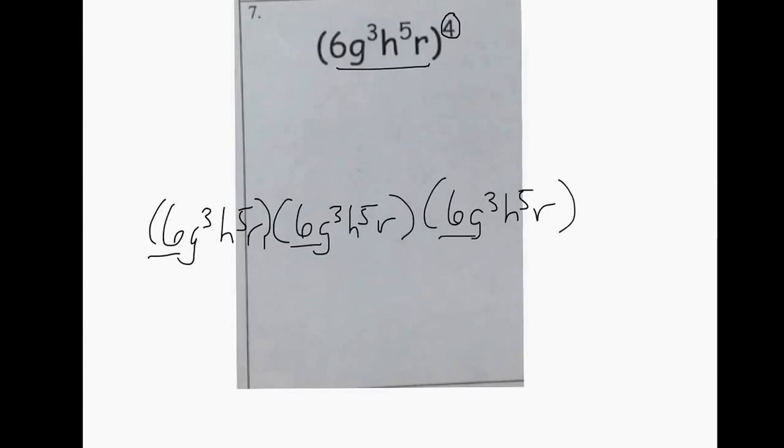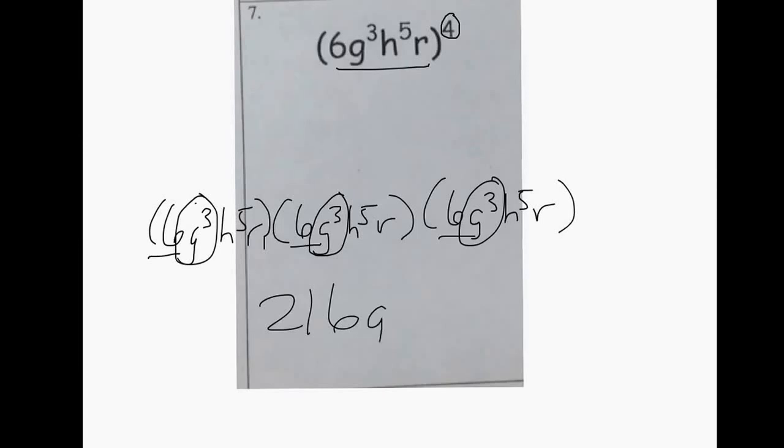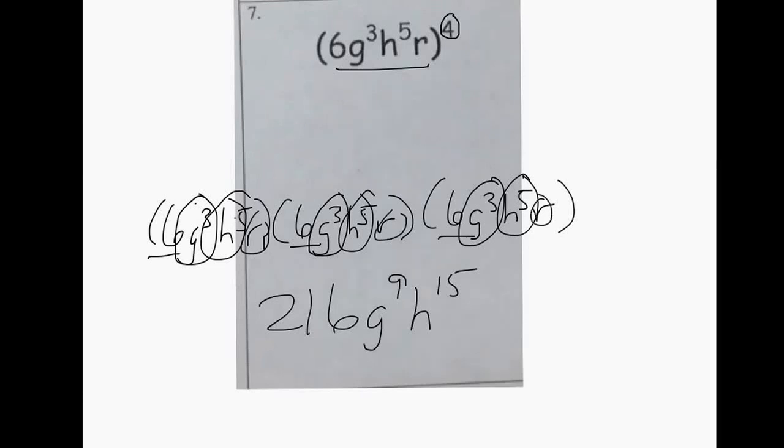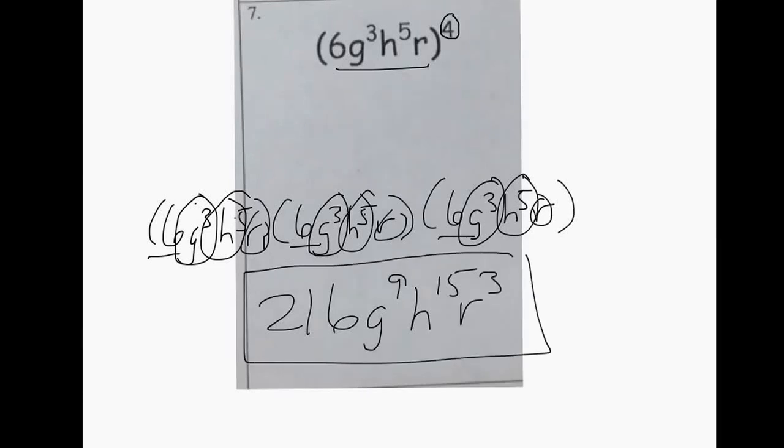So 6 times 6 times 6 is 216. Then I have 3 G's, 3 more G's, and 3 more G's. So that's 3, 6, 9 G's. Then I have 5 H's, 5 more H's, and 5 more H's. That's 5, 10, 15 H's. And then I have 1, 2, 3 R's. So this is the simplified version.